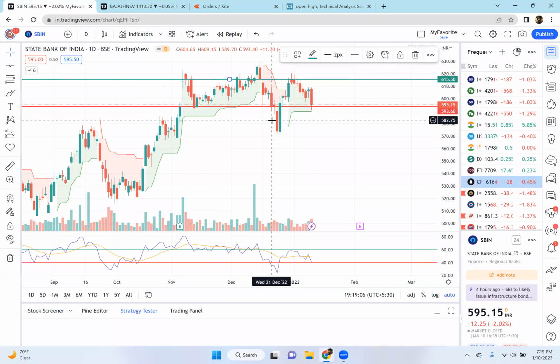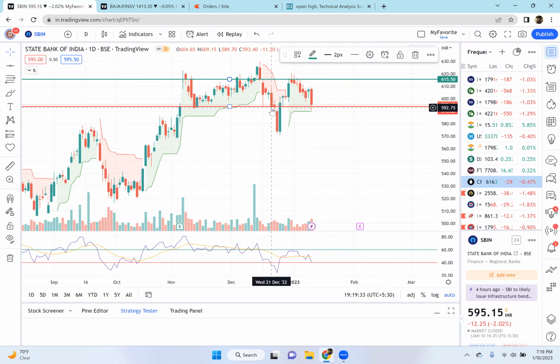Now, if you look at the 21st December candle, it was closing at 593.4. So this close is 20 paise below the low of the 16th December candle, the low of the mother candle.